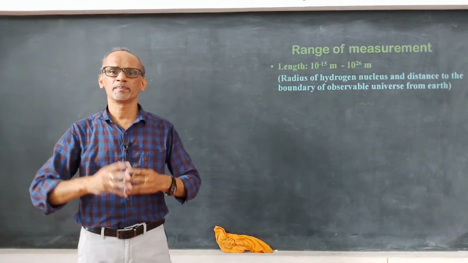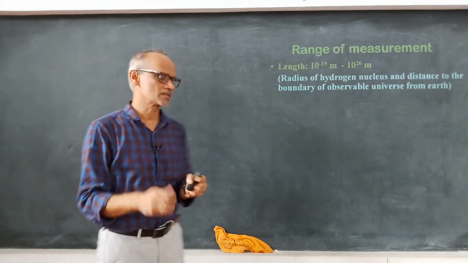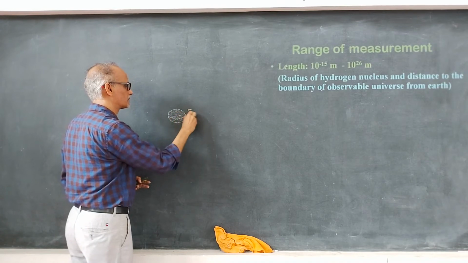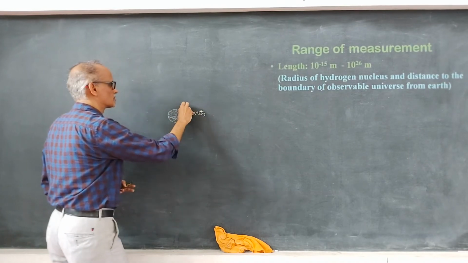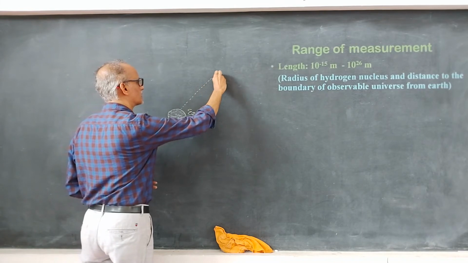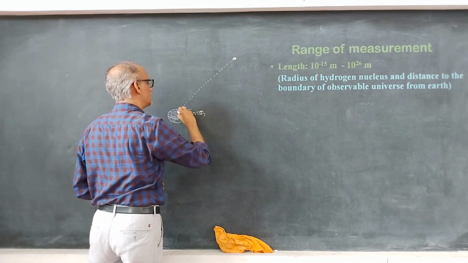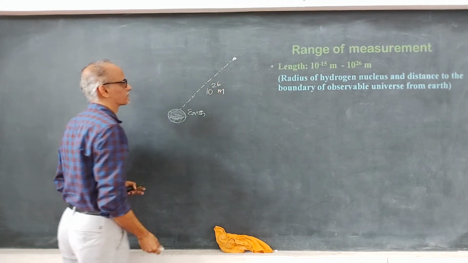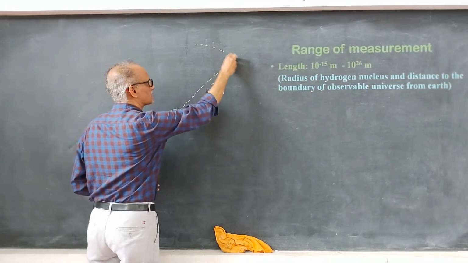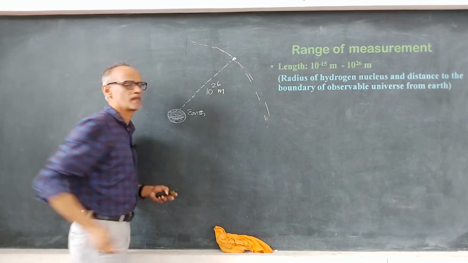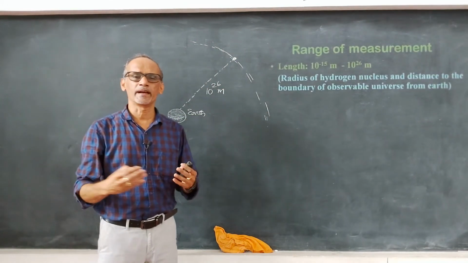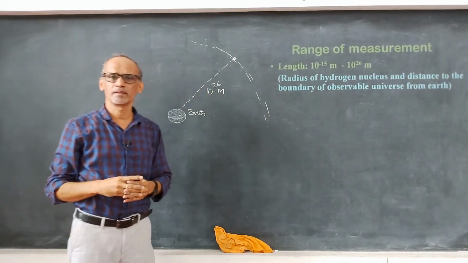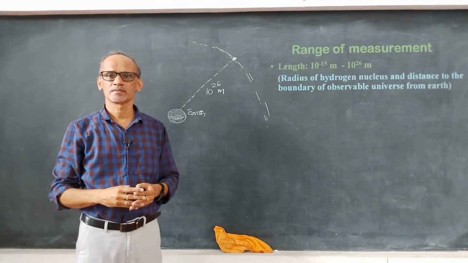Now, what do you mean by observable universe? Observable universe means from the earth, this is the earth, we are able to discover a certain distance, and this value is 10 power 26 meter. That means till here we have succeeded in finding the constituents of the universe.